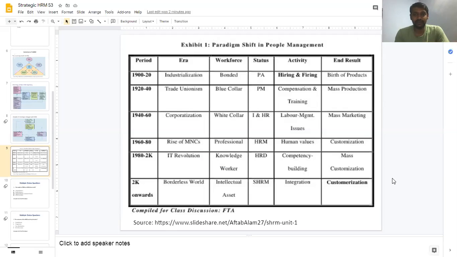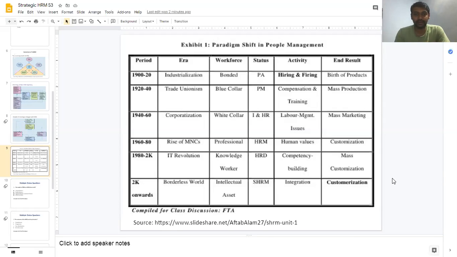The huge production was exported or imported during the trade unionism era. Next, we moved on to the 1940s to 60s era, the corporatization era, where companies came into the picture. There we find white collar jobs, where offices and companies were there, and people worked in different companies or offices.